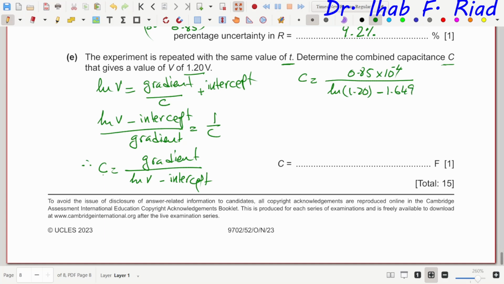Okay, so let us do the math. We have 0.85 divided by ln 1.2 minus 1.649.